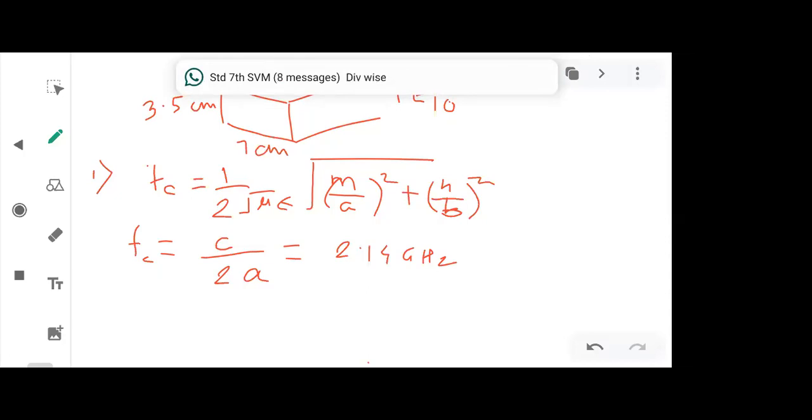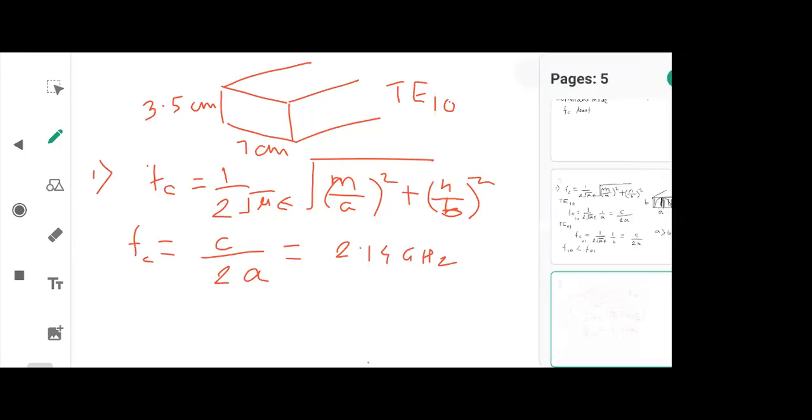Okay. Next one is to determine the phase velocity of the waveguide when the operating frequency is 3.5 gigahertz. The operating frequency is given and you are asked to find out the phase velocity. Okay, so we'll move ahead.